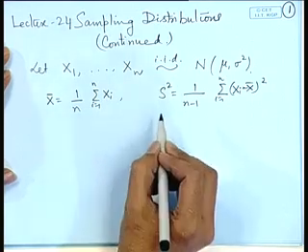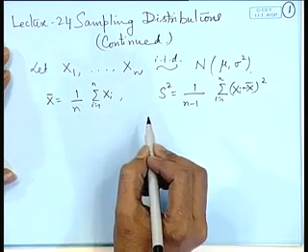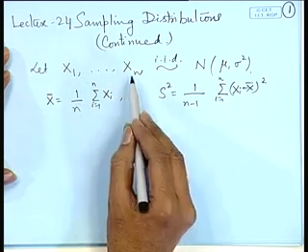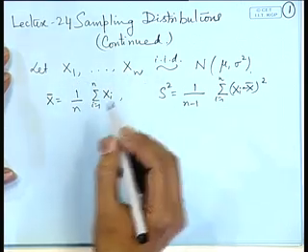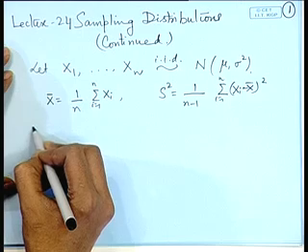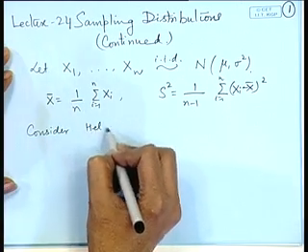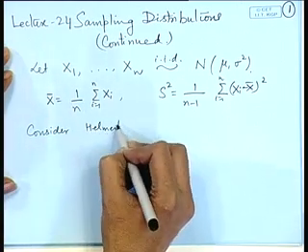The method of proof will be through transformation. So, we will consider a transformation of the set x1, x2, ..., xn in the following fashion. Let us consider Helmert's orthogonal transformation.